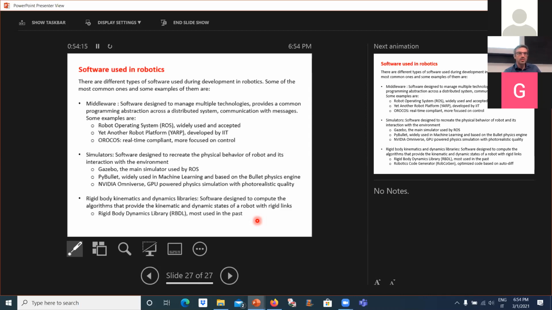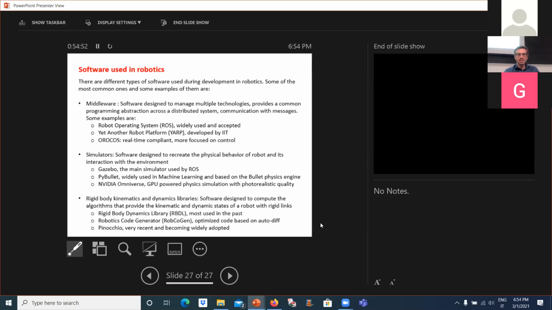One of these is called RBDL, which was mainly used in the past. Rockit-gen is not based on URDF, unfortunately, but it uses code generation. So you need to provide a model of the robot, and it will provide the kinematic and dynamic library with automatic differentiation. So it will also provide derivatives of the quantities, derivatives of the mass, derivatives of the positions, of the Jacobians, and it's very useful if you do optimization.